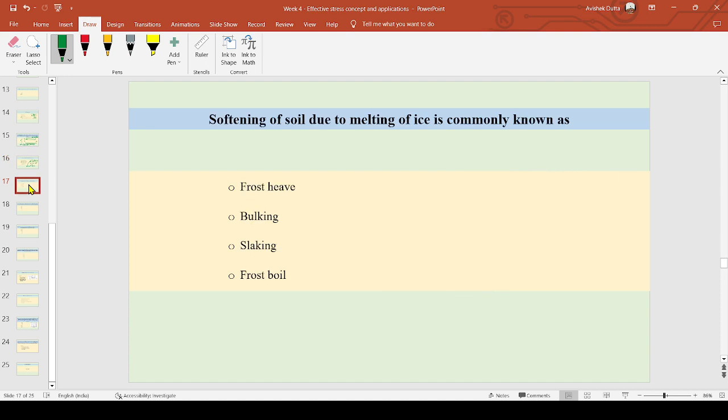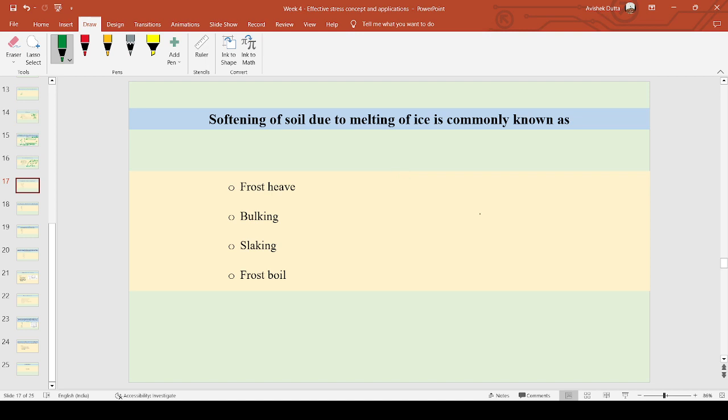The next question is, softening of soil due to melting of ice in the capillary fringe is commonly known as what? In the capillary fringe, if the water is frozen, it forms ice, and then the melting starts. The soil starts softening.